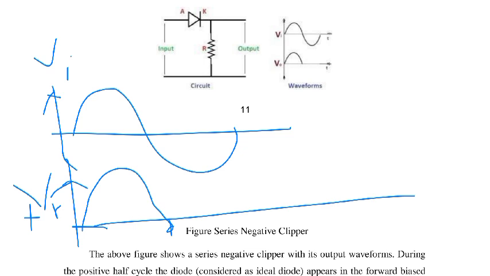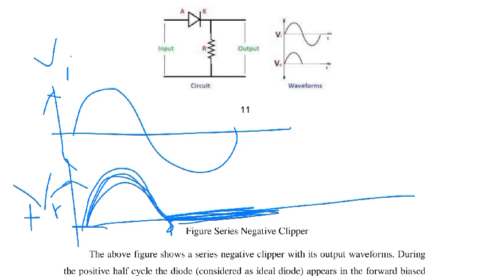During the negative half cycle, the input becomes negative, the diode will be off and the output is again 0. So the complete waveform looks like this. That's why it clips the negative parts. This is why the circuit is named a negative clipper, because it clips only the negative sides.